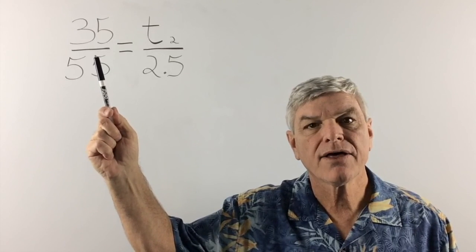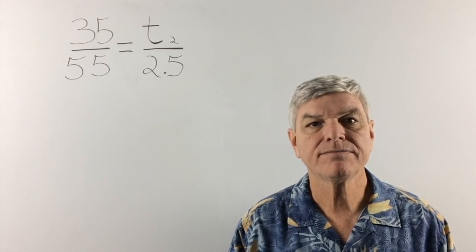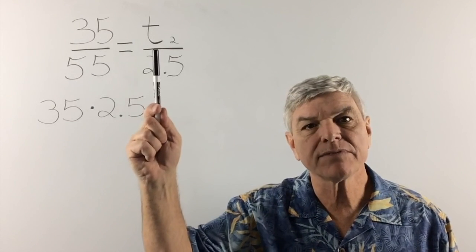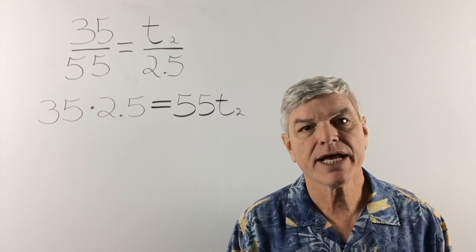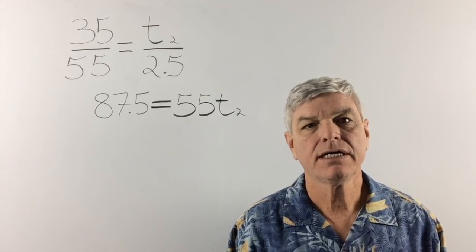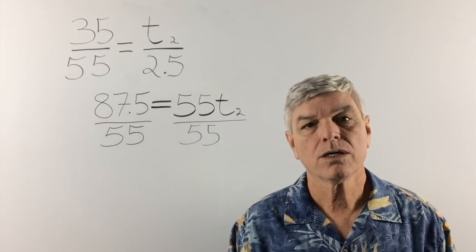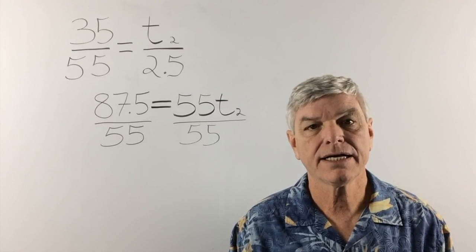Let's multiply 35 times 2.5. And that's going to equal 55 times T2. 35 times 2.5 is 87.5. And we're going to divide both sides by 55, which will leave us with T2 on the right-hand side.